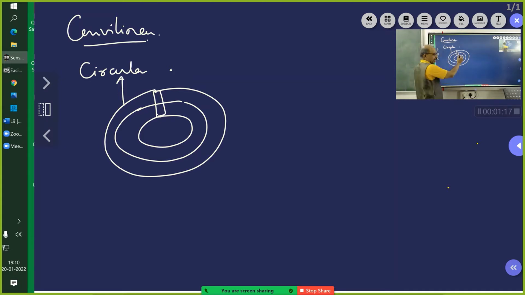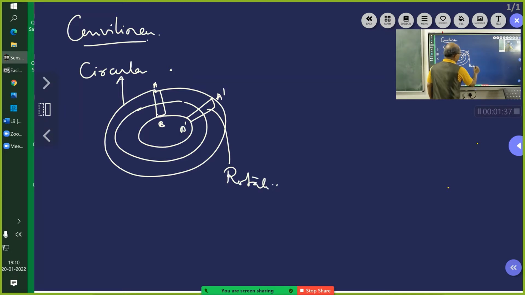You can see here that this object has moved like this. This is A, B. So when this object is here, this will be A dash, B dash. Understood? So here we use the concept of rotation about this point.